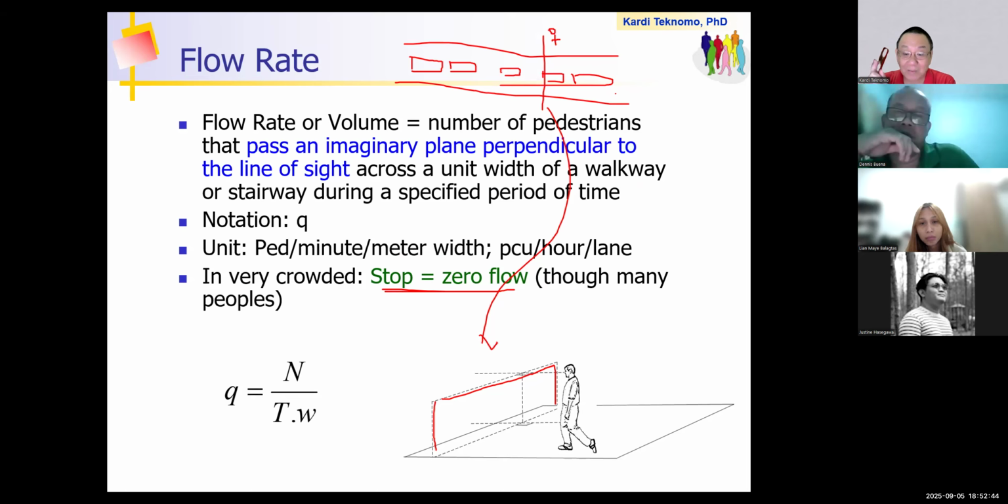That is not flow. That is density. Flow means the ones that pass through your line of sight. Can you get this? If the car does not move, don't count.